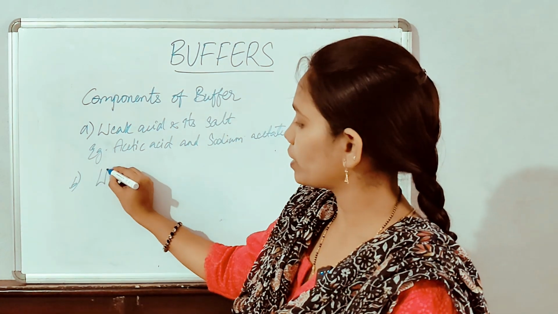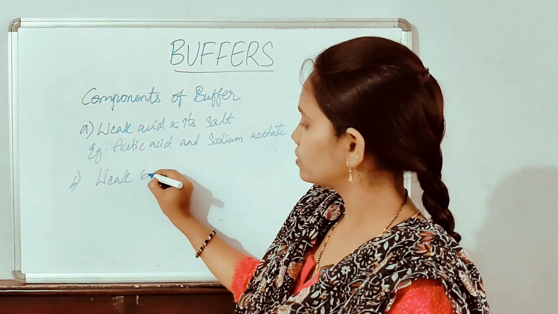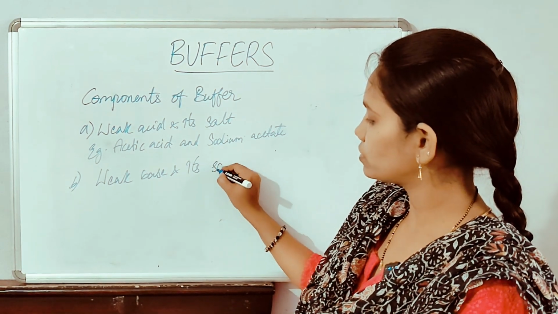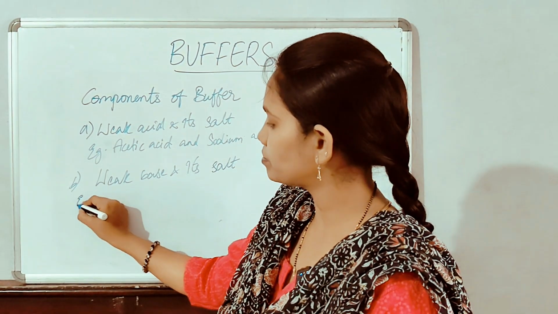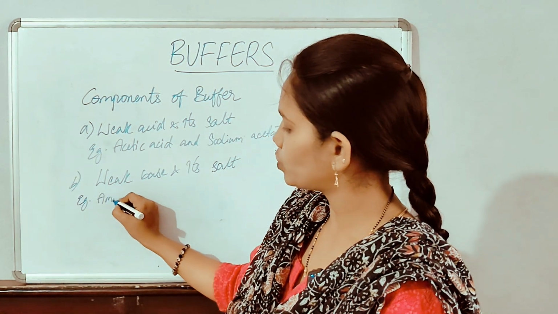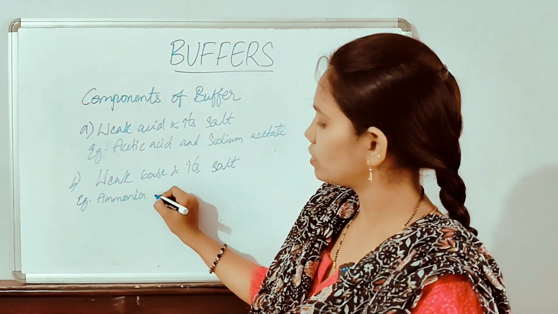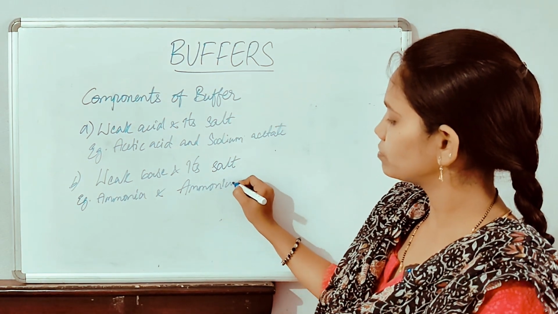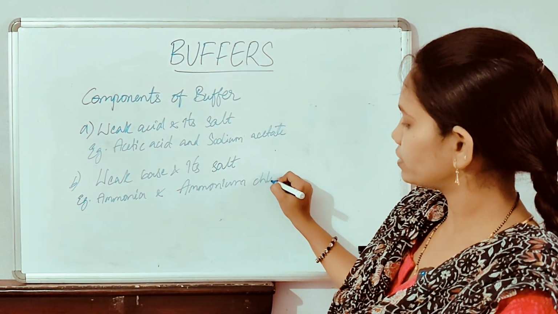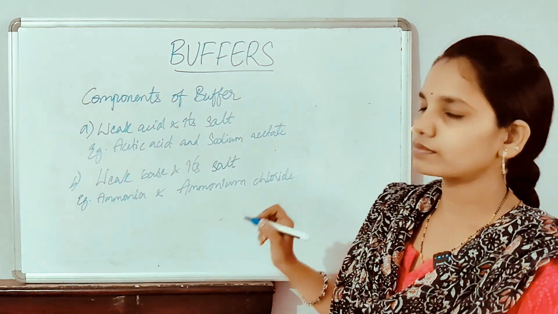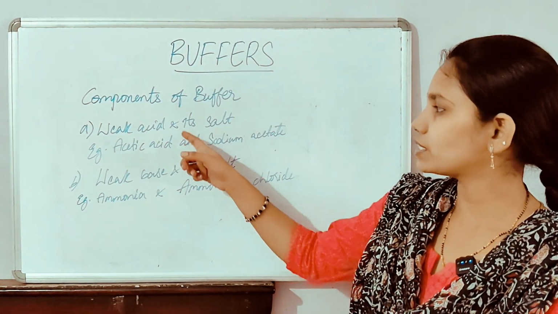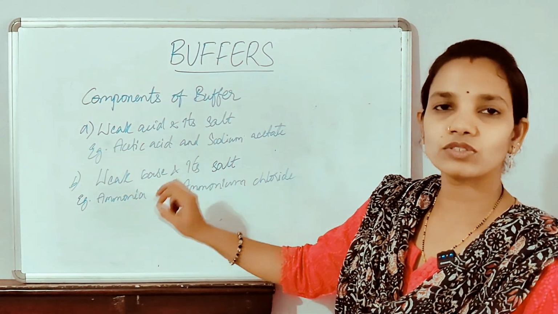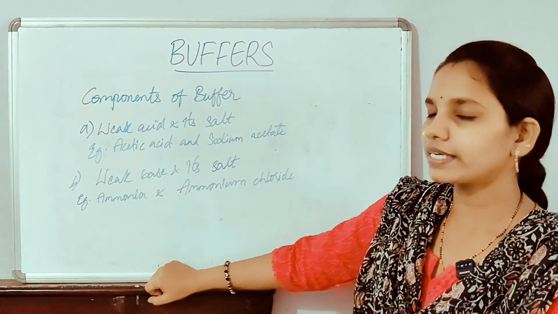Two, weak base and its salt. Example, ammonia and ammonium chloride. Here, these are the components of buffer, whether it is weak acid and its salt or weak base and its salt.